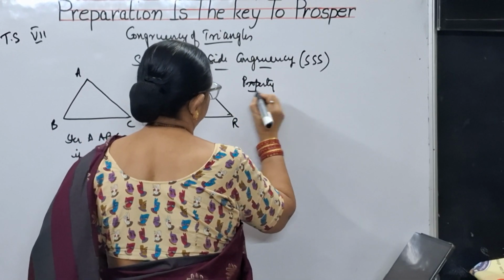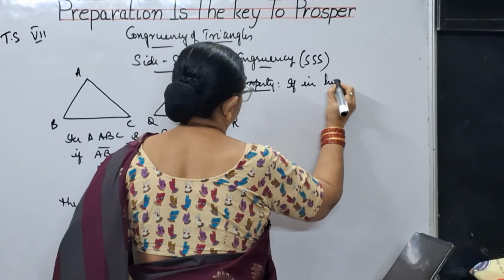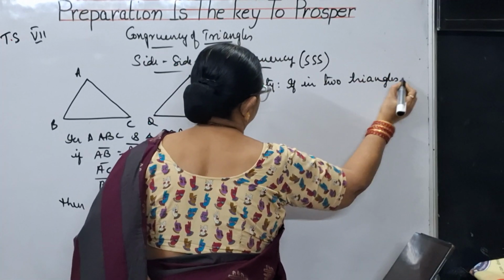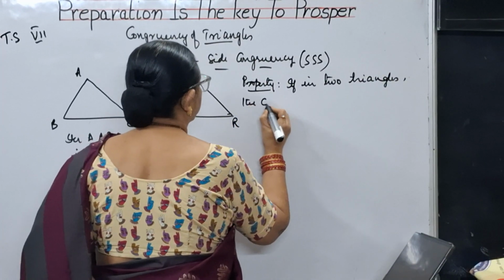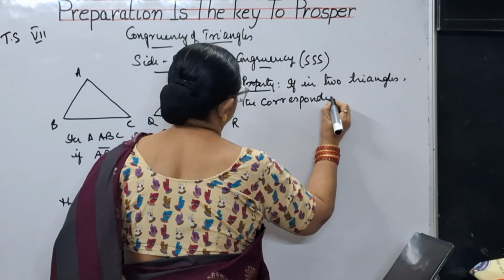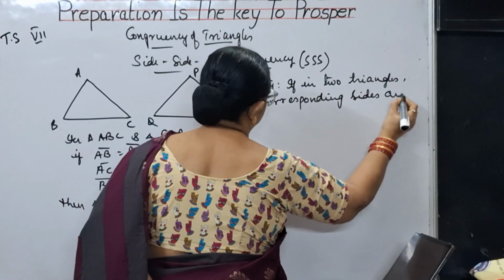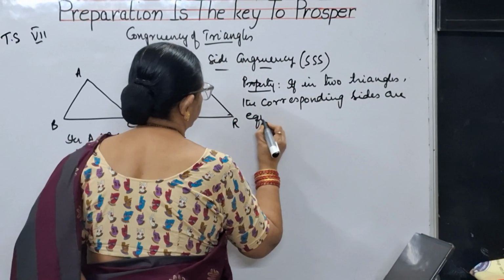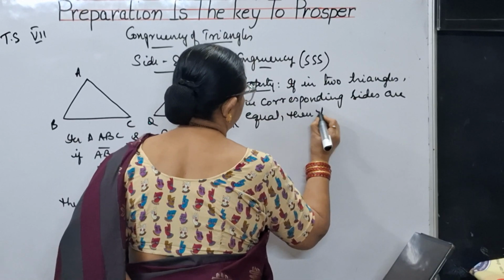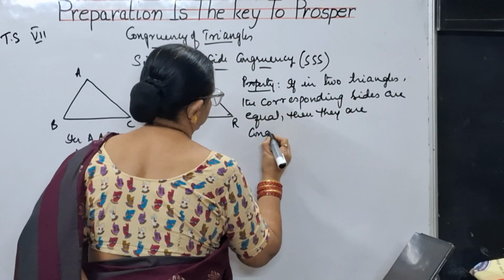Property is, if in two triangles the corresponding sides are equal, then they are congruent.